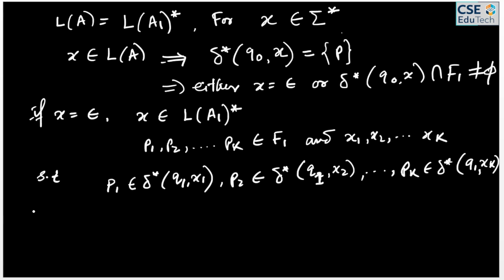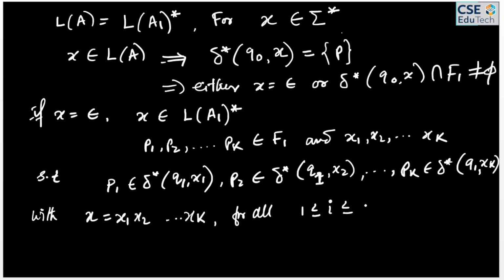That means x is equal to x1 x2 up to xk, and for all i from 1 to k, xi belongs to the language accepted by A1.